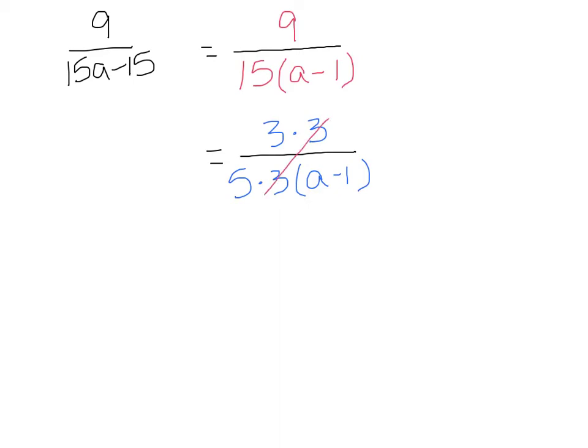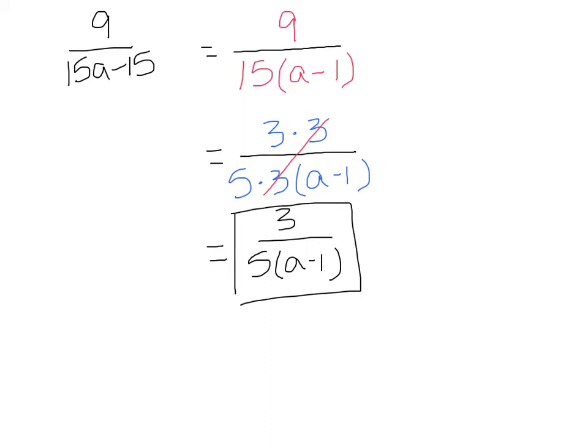We can cancel out a 3. So when we get down to our final solution, we have a 3 on the top, we still have the factors of 5 and a minus 1 in the denominator on the bottom. Now 3 and 5 don't simplify any further, and a minus 1, there's not 1 on top. So I'm fully finished simplifying my rational.